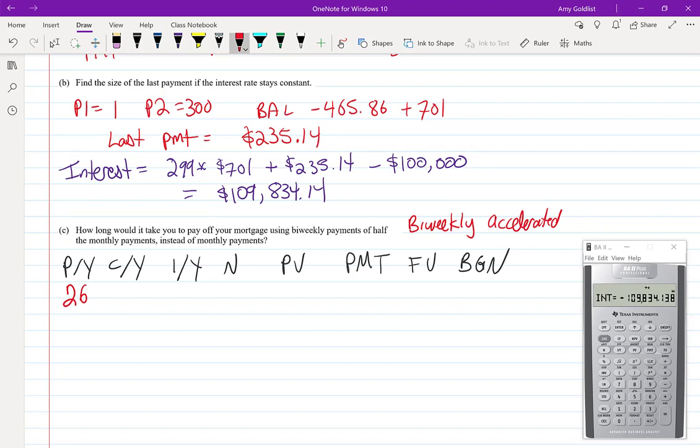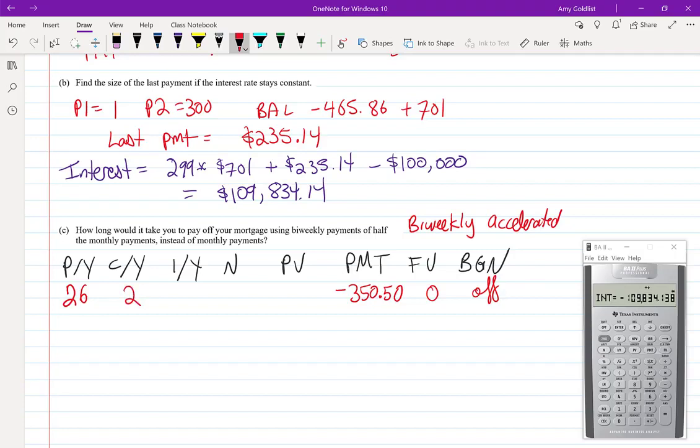So we're making payments as if we were making 24 of those. Our payment here is going to be $350.50. So we're making half size payments, but we're making them a little bit more often. That's one extra full monthly payment per year.